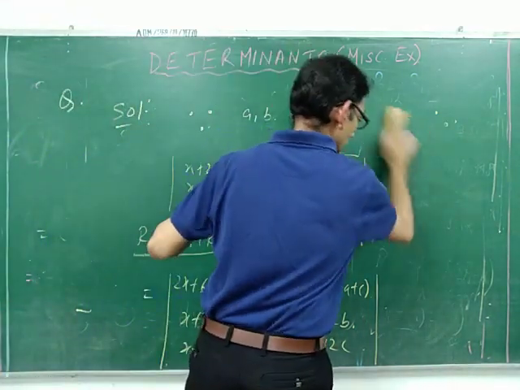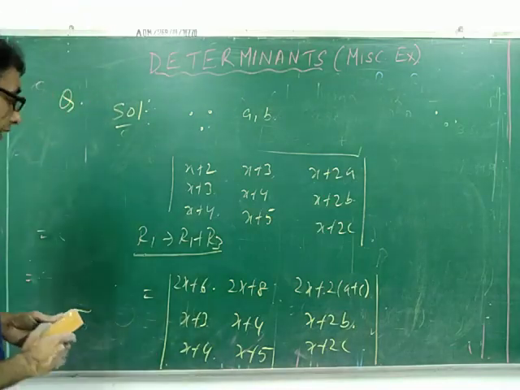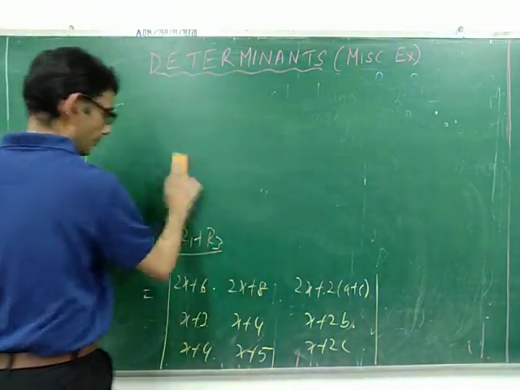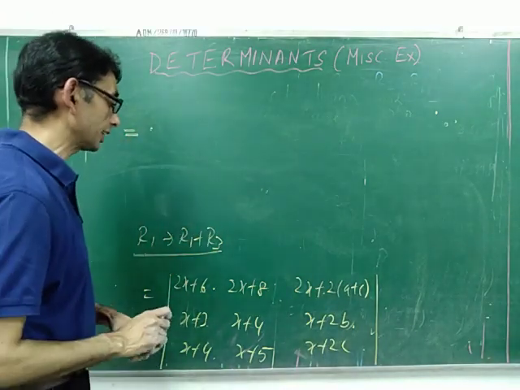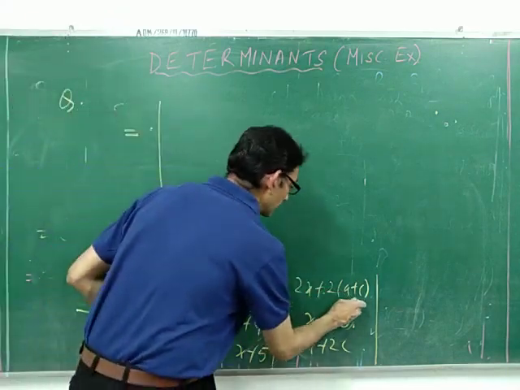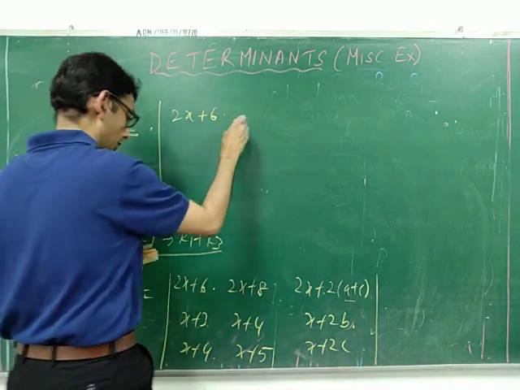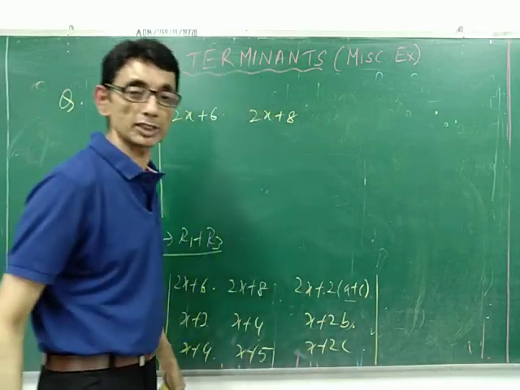First, we are going to replace A plus C. So the first row is twice x plus 6, twice x plus 8. What is A plus C?